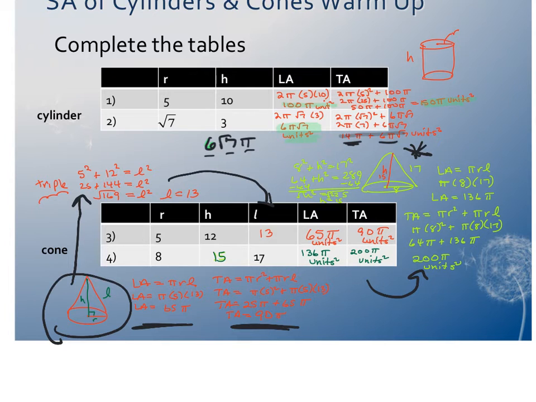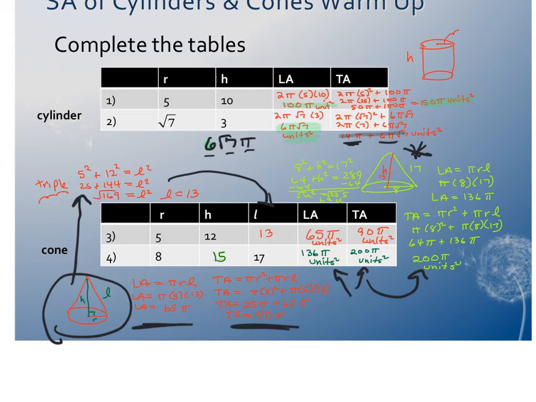Once you get the height, you can go back and do the rest, because all you needed to find lateral area and total area really was the radius and the slant height. You didn't need to find H for these 2 questions, but when you watch the video for volume, you will need the height of the cone. So this is why we practice finding it and turning it into a right triangle.